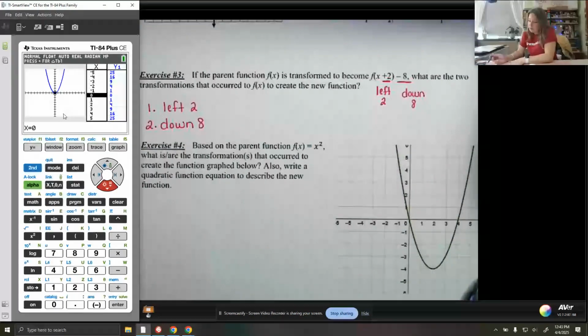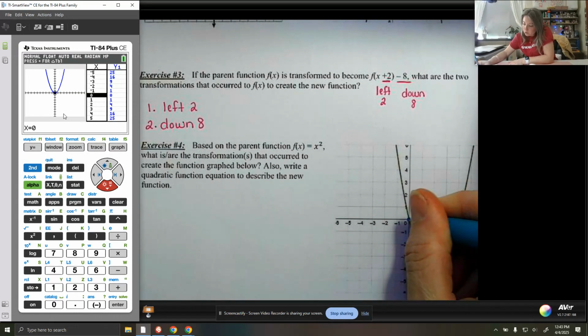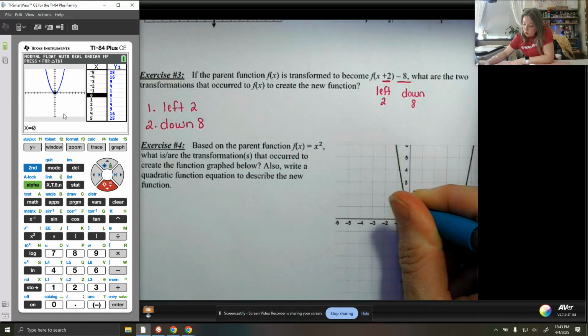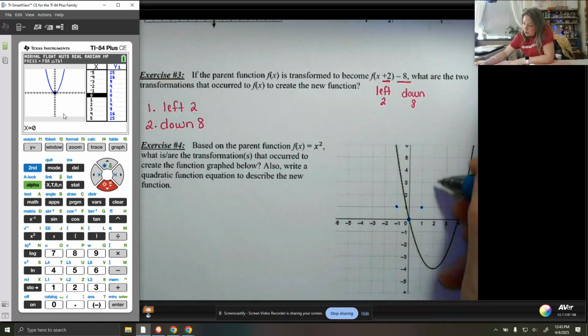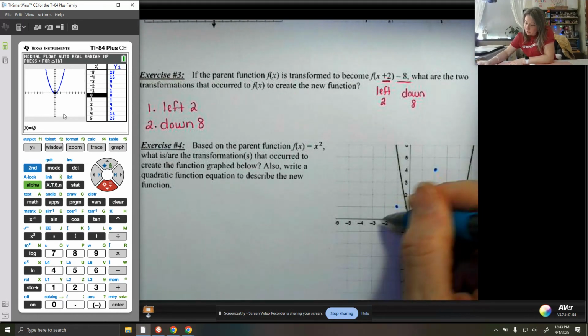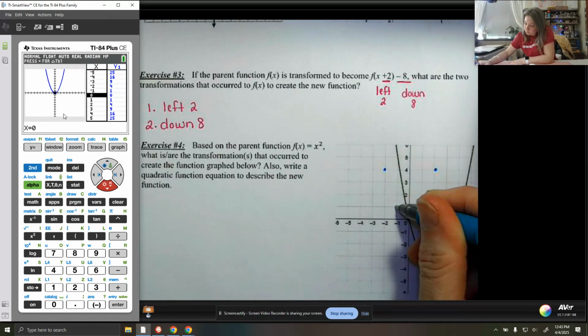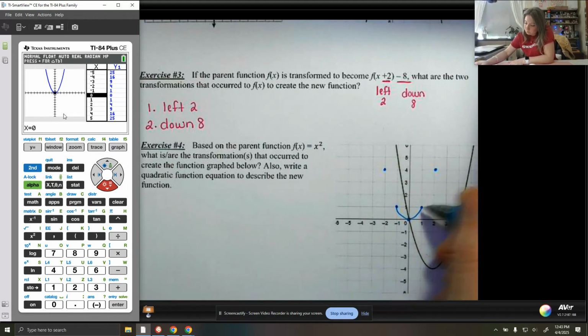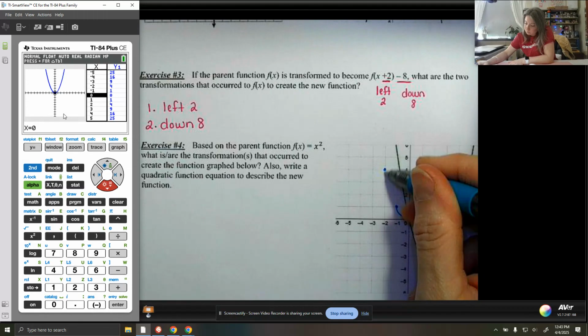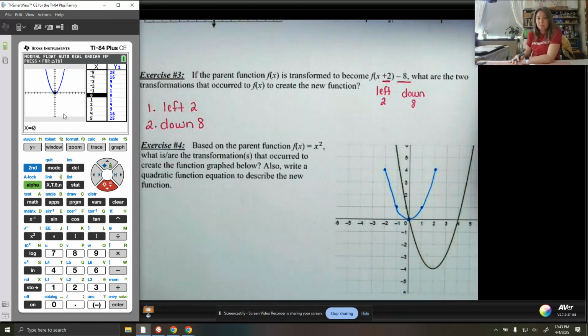All right, that's okay. Let's think about where the original was. The original was right here at 0, 0. We had points at 1, 1 and negative 1, 1 and 2, 4 and negative 2, 4. There we go.